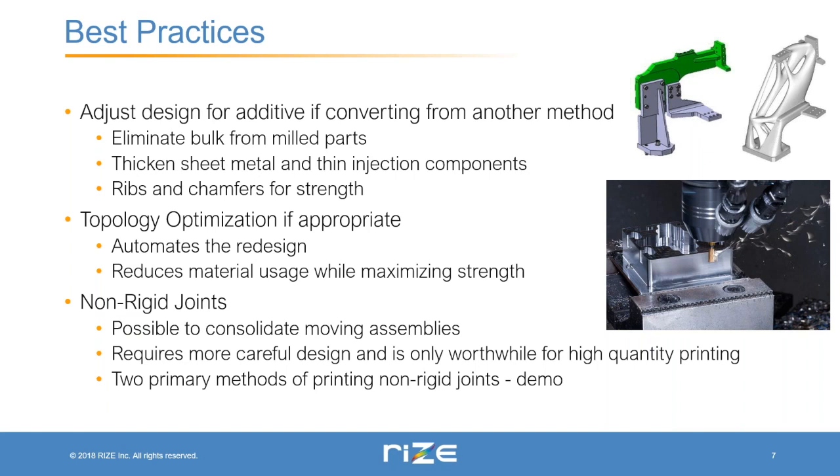That can really reduce the amount of time it takes to assemble a large number of these components by producing them in their functional form right off the build plate. So there are two primary methods of printing non-rigid joints, and I'm going to switch over to SolidWorks now.